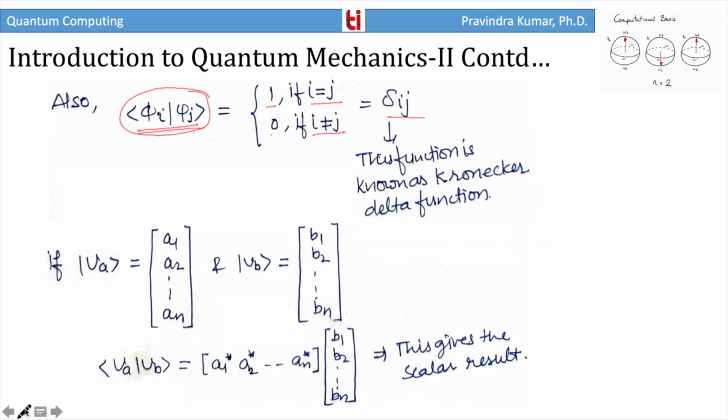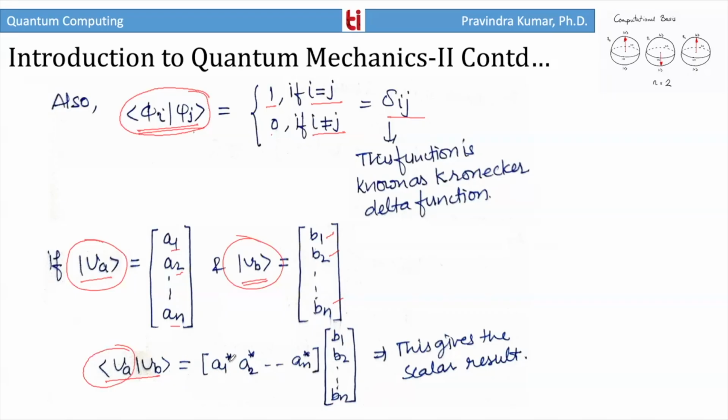And here we have seen that if there is a quantum system ket Va, represented as a column vector with elements a1, a2 to an, and another quantum system Vb with elements b1, b2 to bn, then the inner product of Va and Vb in bracket notation uses the bra, which is basically the complex transpose.